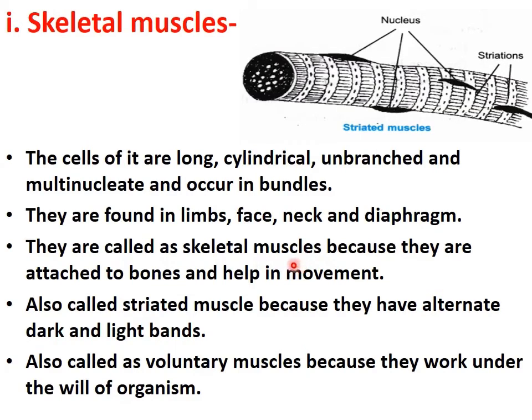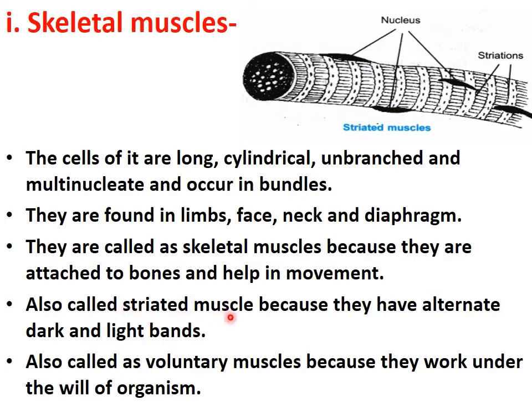Because they help in movement, they have to be attached with bones. Whenever you want to move your hand or your legs, it is done with the help of bones. Bones give a structure to our body. This we have done; bone is a connective tissue. So these tissues are attached to bones and help in movement.